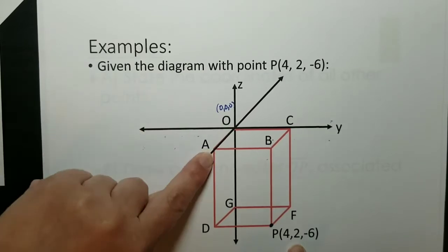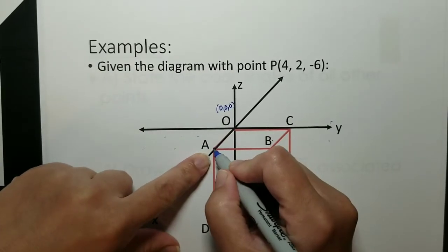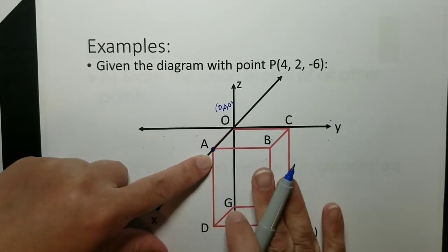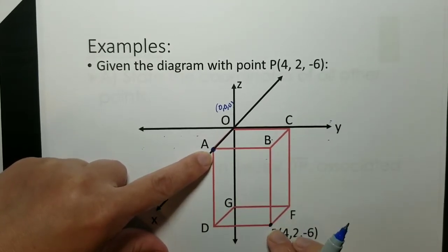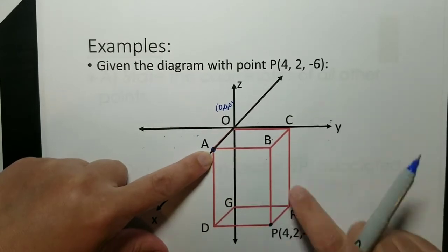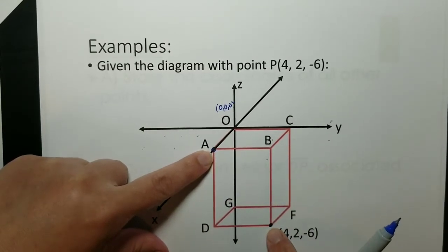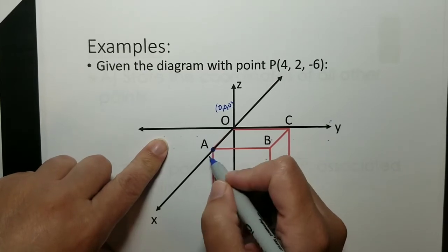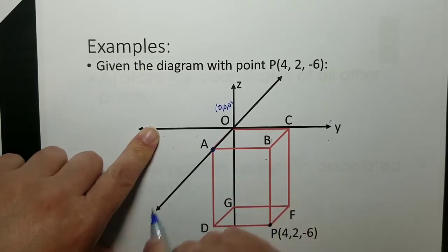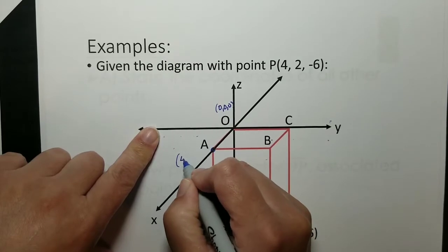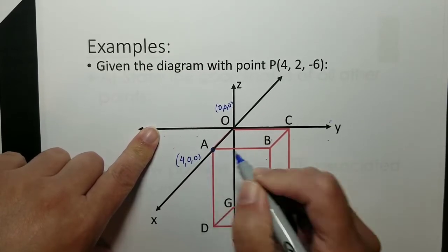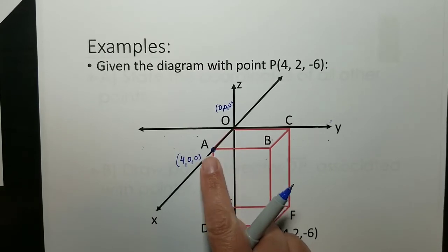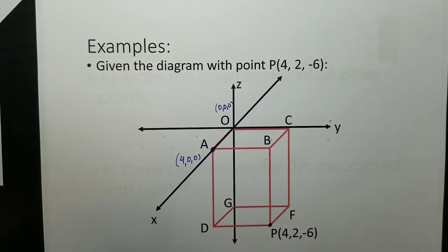This point A is going to be just 4 in the X. So it's gone the same distance along the X-axis as P has, because this didn't move any other. But it hasn't gone in the Z direction up and down, and it hasn't gone in the Y direction. So this would be 4, 0, 0.